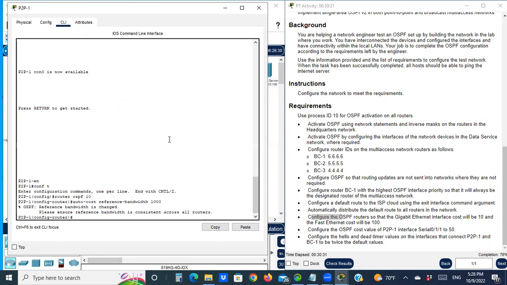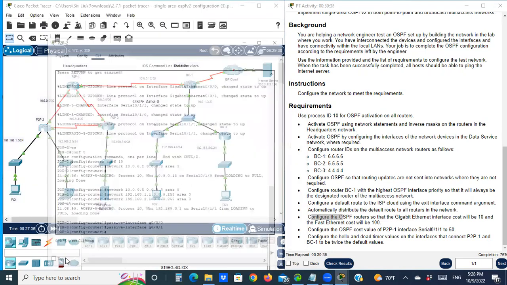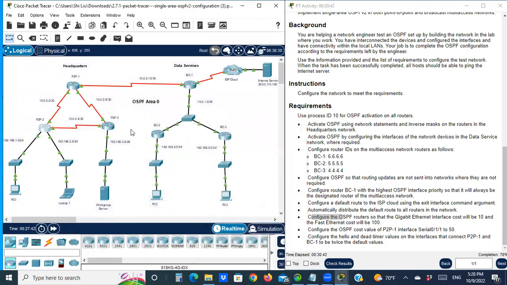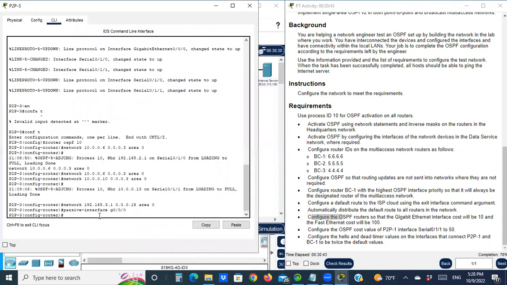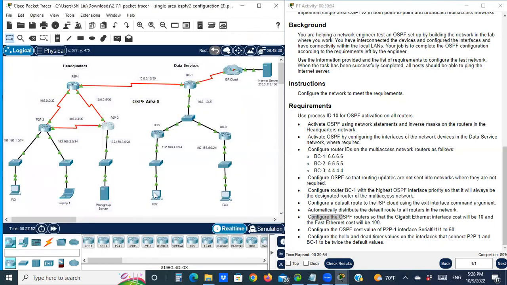Same thing on P2P2, and P2P3, auto-cost reference-bandwidth 1000. Okay, good. All right, so we do this.